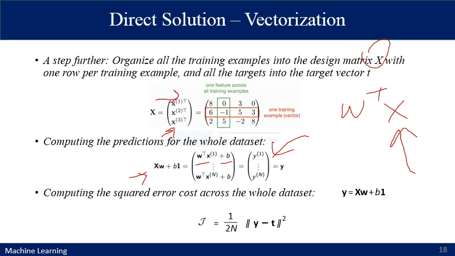So you can compute the squared error on the whole dataset, and your squared error will be equal to the formula, which is the residual error between the prediction and the actual target, squared, summed and divided by the total number of examples.